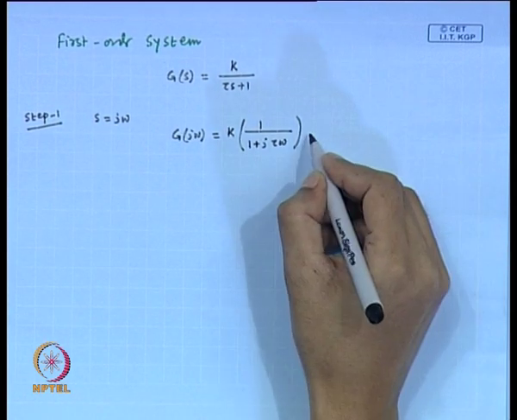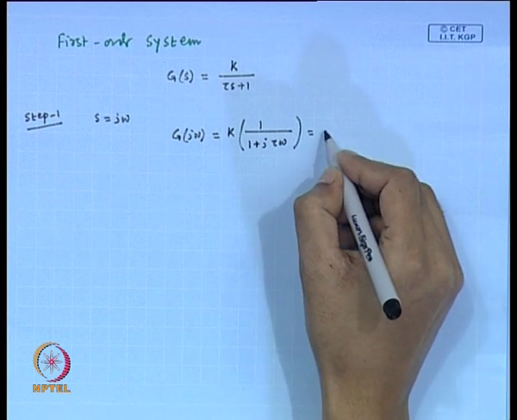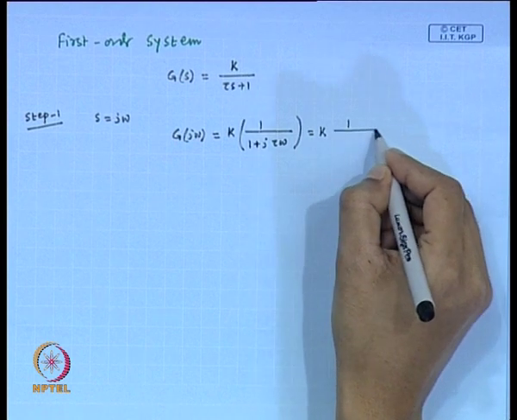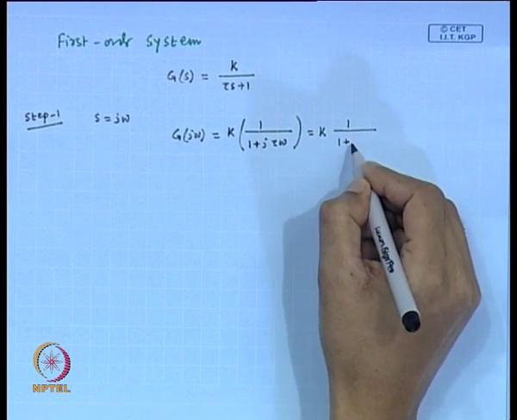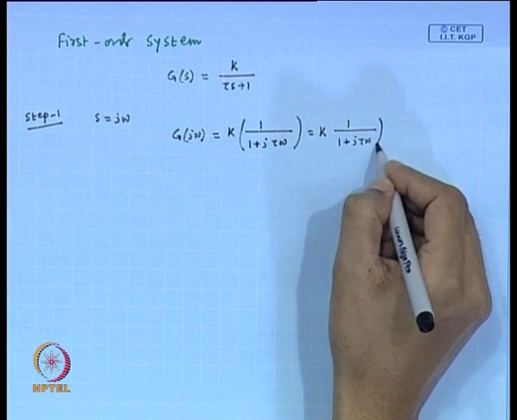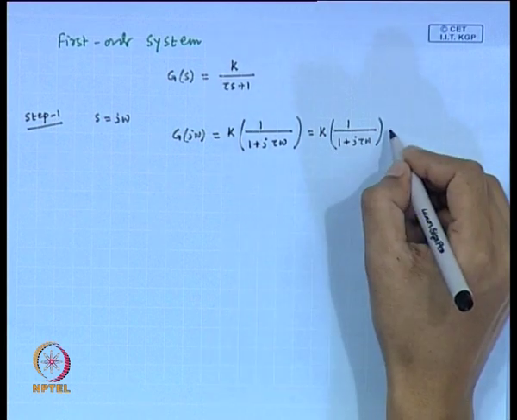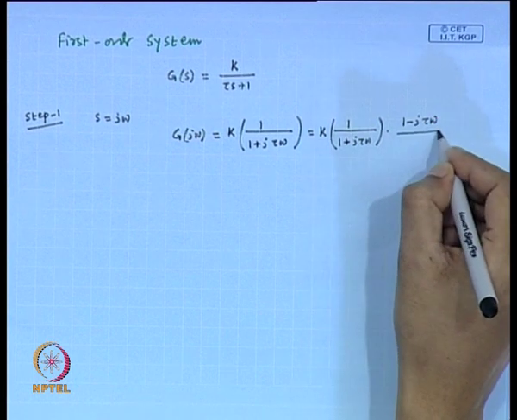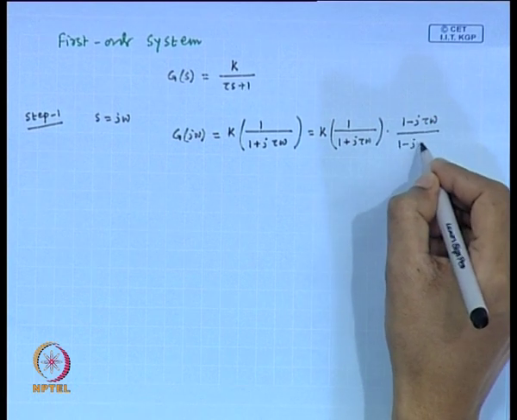We can write this again as K multiplied by 1 divided by 1 plus j tau omega, multiplied by 1 minus j tau omega divided by 1 minus j tau omega.